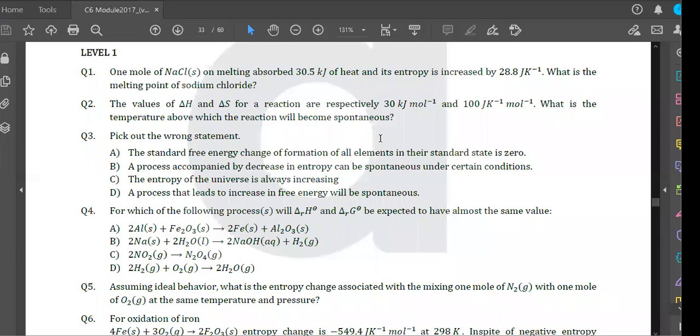Okay, let's see. So we are mixing N2 and O2. Initially, we had only 1 mole of N2 and initially we have only 1 mole of O2.